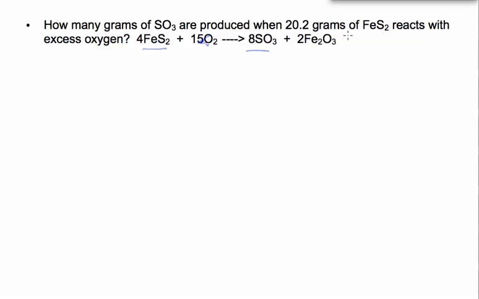So in order to go from the grams of FeS2 to moles, we're going to have to use 1 mole equals the molar mass. We have 2 sulfurs, and each sulfur is 32.06, and 1 iron, and that's 55.85. So our molar mass is 119.97.